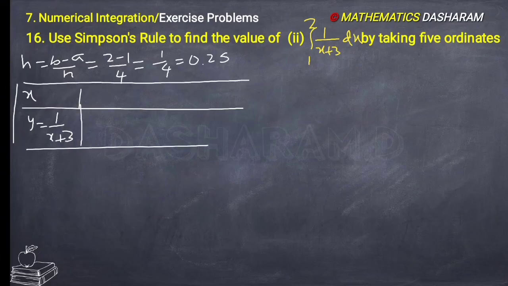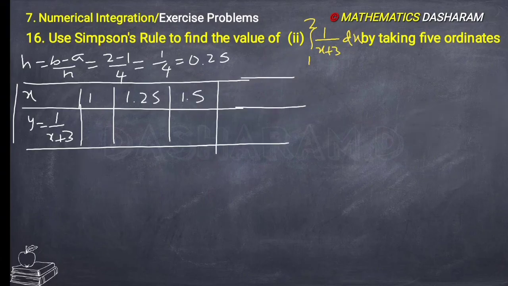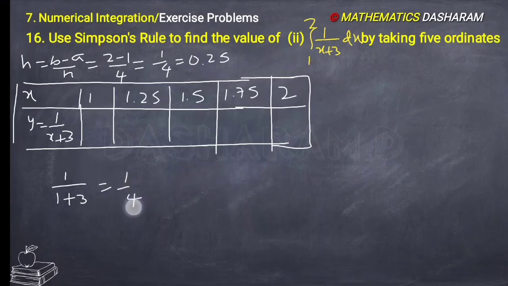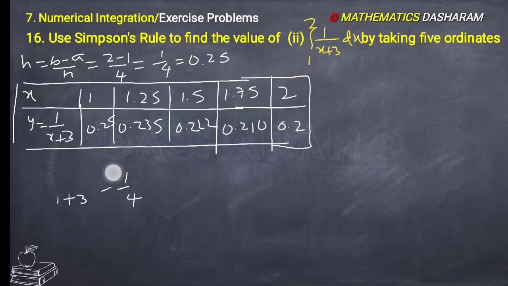The first x value is 1, next 1.25, 1.5, 1.75, next 2. So when the x value is 1, then the y value is 1 by 1 plus 3, which equals 1 by 4, so it is 0.25. Next here 0.235, next 0.222, next 0.210, next 0.2.